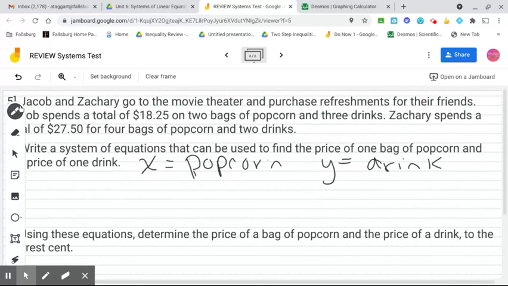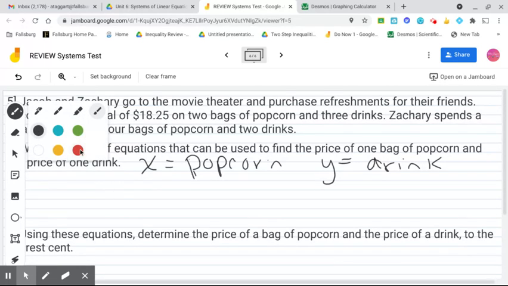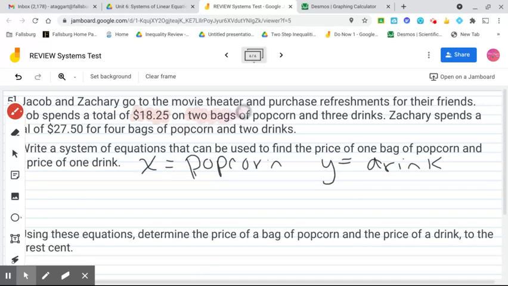Okay, so the first equation is $18.25 for 2 bags of popcorn and 3 drinks. So 2 bags of popcorn. Well, X represents the number of bags of popcorn that we buy, so that's going to be 2X.